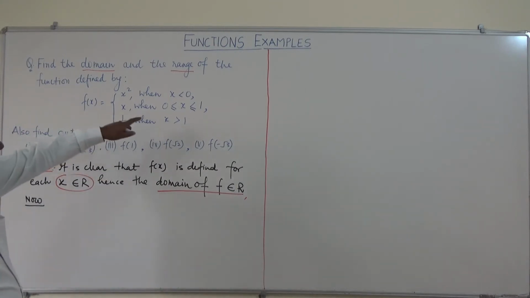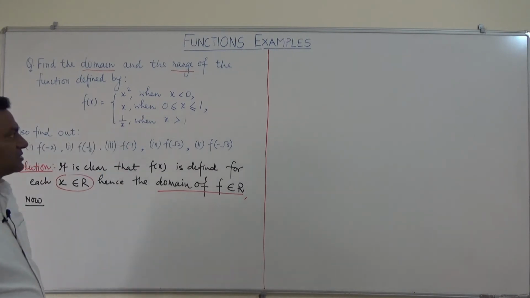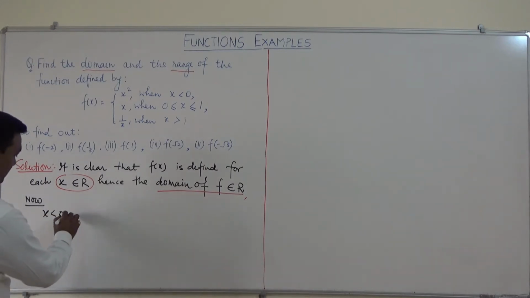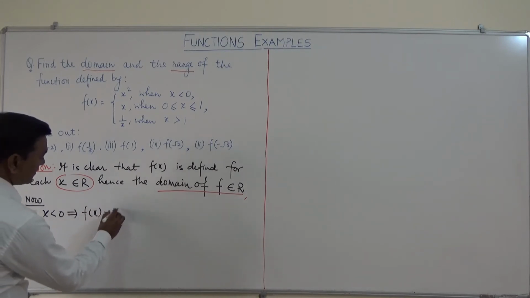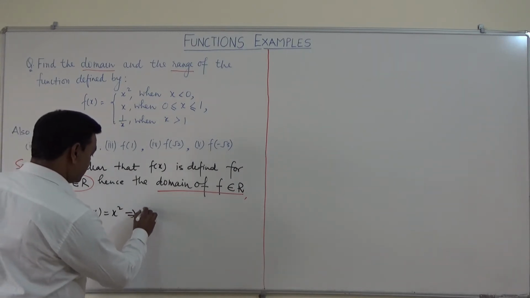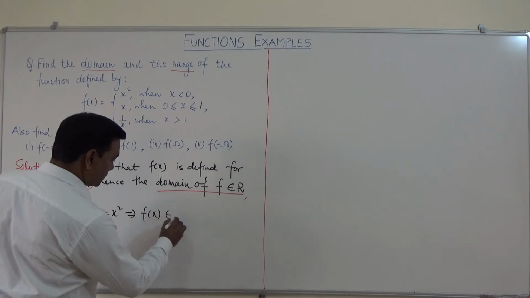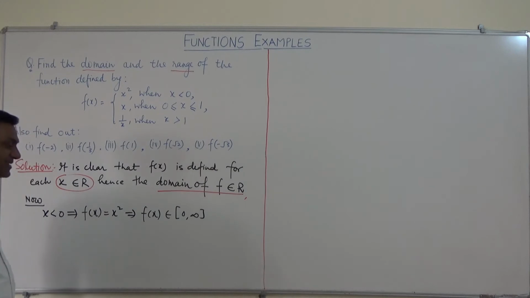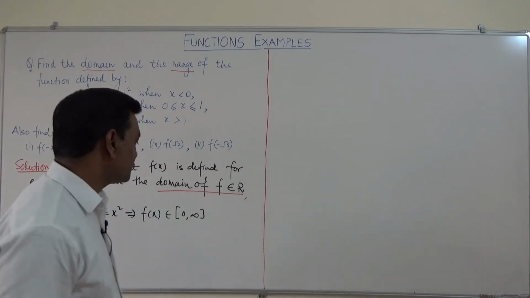Because we have given f(x) equals to x square when x is less than 0, so we can say x is less than 0 implies that f(x) equals to x square. This implies f(x) belongs to (0, infinity). So its range is 0 to infinity we can say.